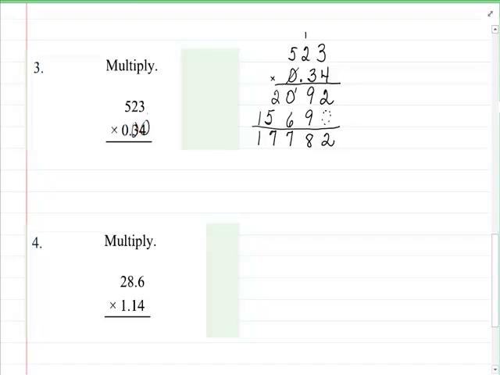I have 1, 2. There are 2 decimal places, which means there will be 2 decimal places in the product. My answer is 177.82. So 2 places here means 2 places here. I didn't have any decimal places in this whole number.